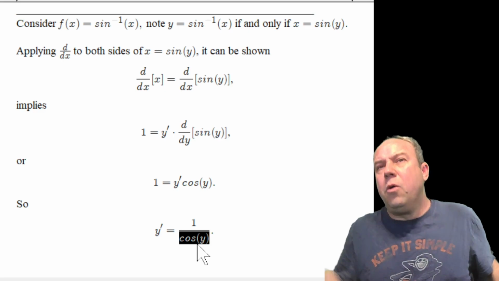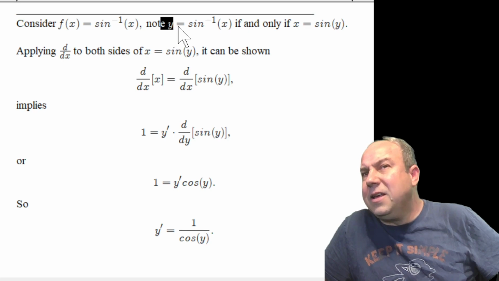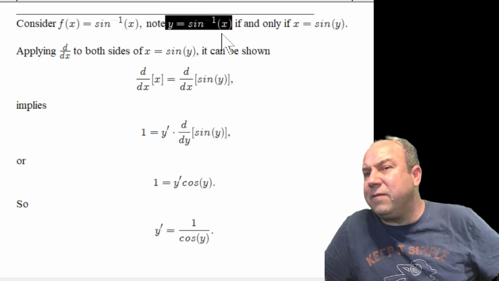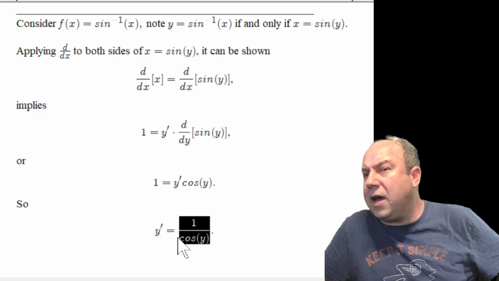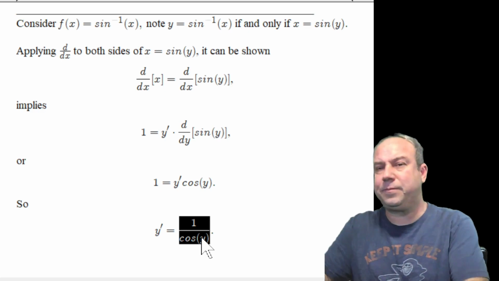However, what we do have to realize is that if y equals the sine inverse of x, the cosine of y also must be equivalent to some value in terms of x.